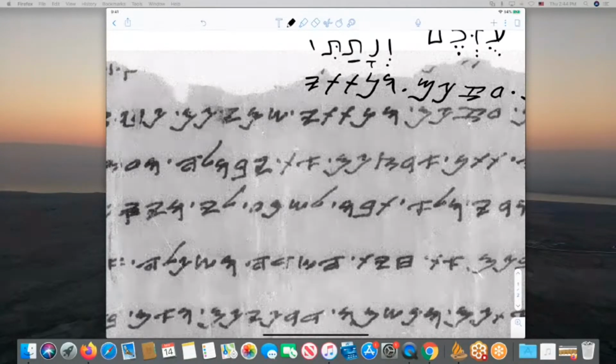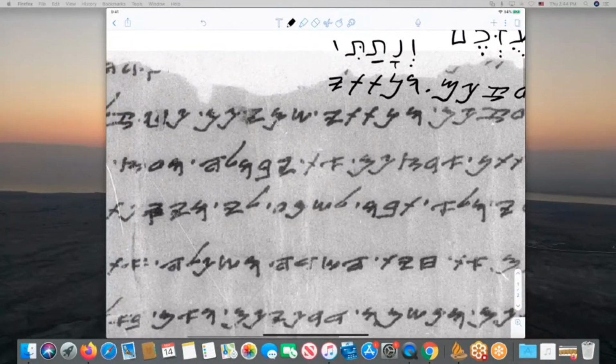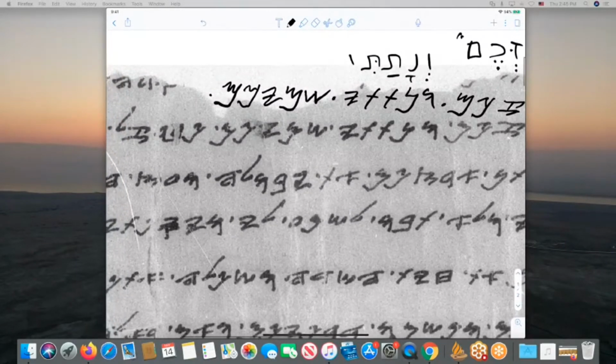I will set, and then a dot, shin, mem, yod, kaf, and a mem. And this, it says, shin, I'm going to offset it for a reason here. Shmechem, like this. And the vocalization would be like this, shmechem.